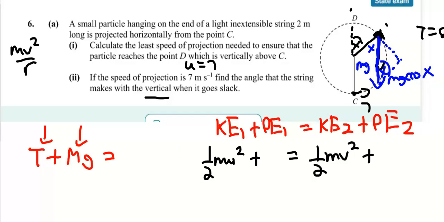Now, here's what I'm looking at. The tension goes towards the center of the circle. The tension is riding along the rope towards the center of the circle as shown. Okay? What other thing is going towards the center of the circle? The mg cos x.